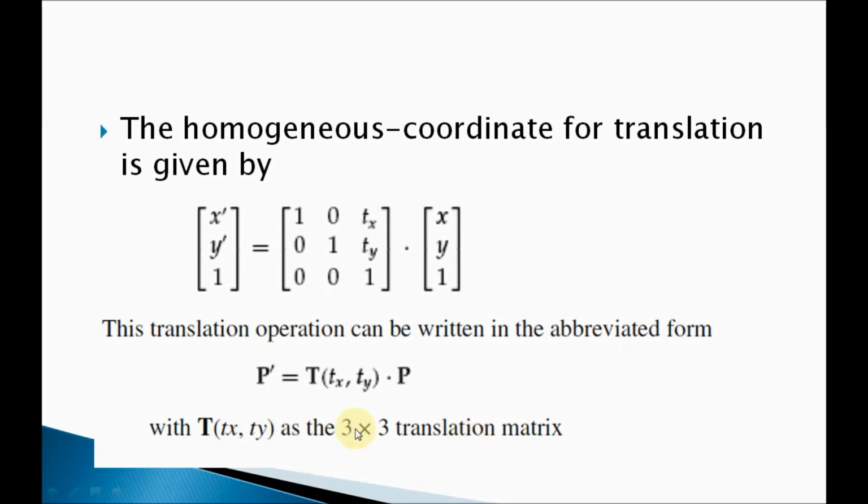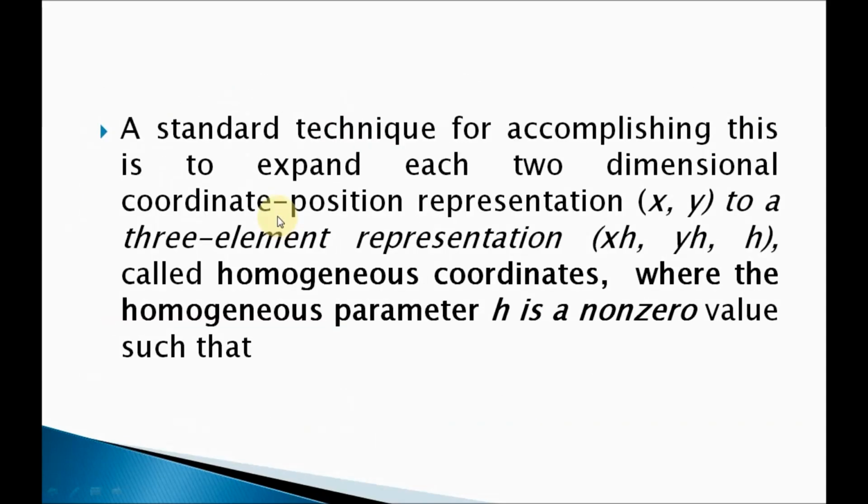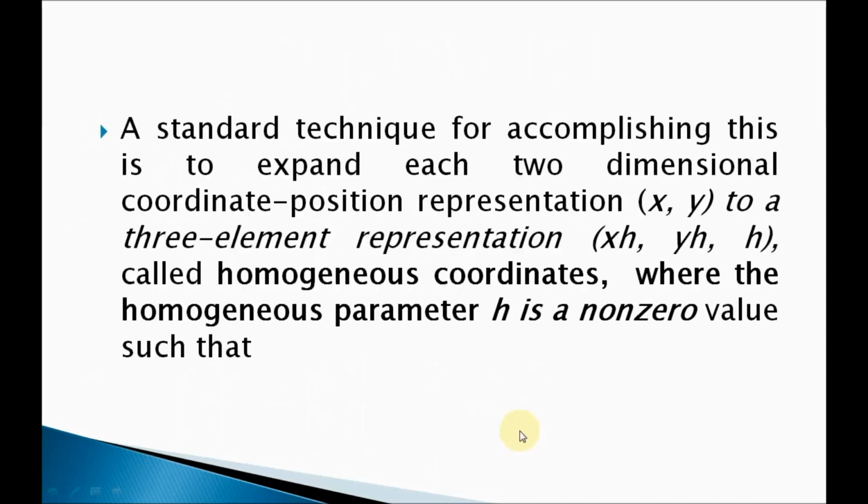Right, guys? In the same way, I can use the two-dimensional rotation transformation equations. This can be represented as x dash y dash, same thing, with rotation: cos theta, minus sin theta, sin theta, cos theta.